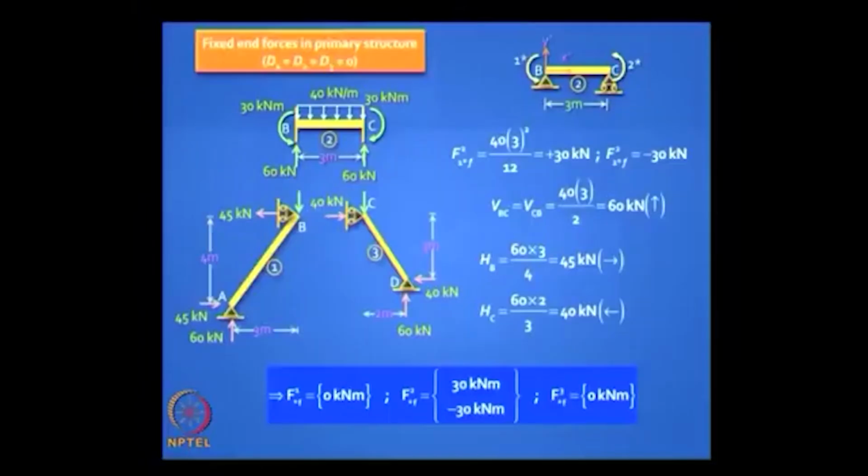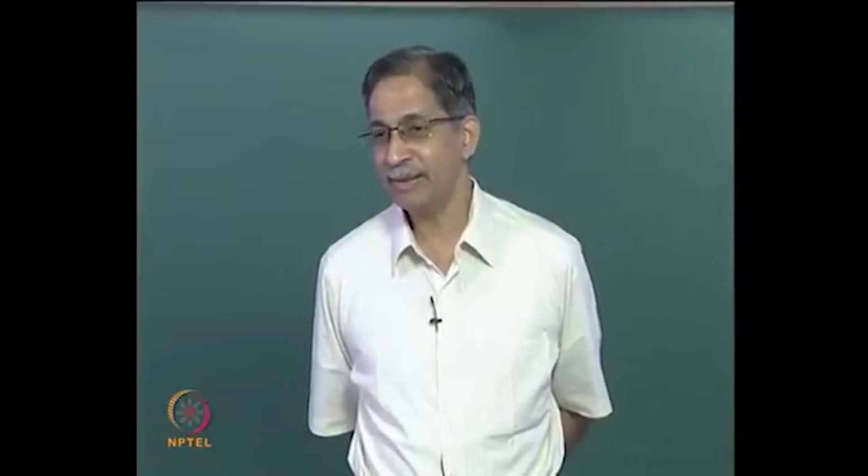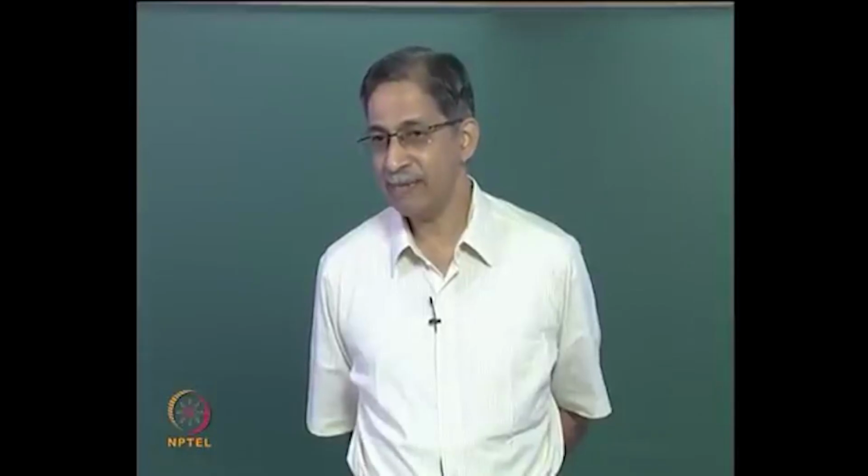You look at what's happening at B and C. You have restrained those degrees of freedom. At B you get a horizontal reaction to the left of 45 kilonewton. At C you get a horizontal reaction 40 kilonewton. What's happening to the whole beam? So you will get a net force of 5 kilonewton acting to the left or right? Left.